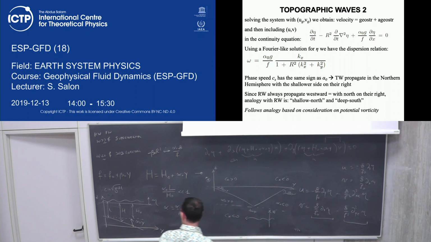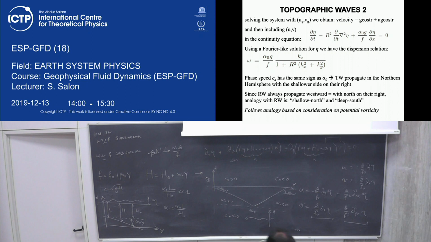So again, here we can consider the same. We can rewrite the dispersion relationship, this one, by using the plane Kx and Ky.